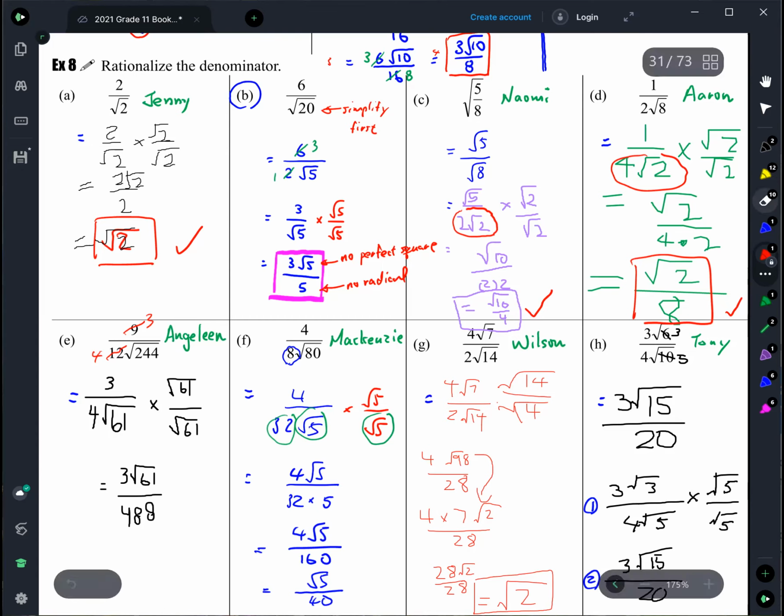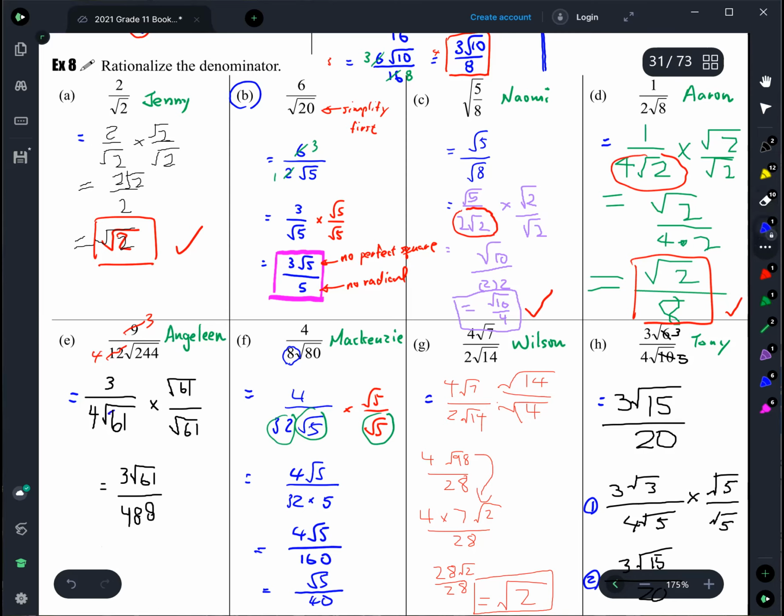Okay, so let me see. I think I wrote it wrong. That's supposed to be 8 root 61. Okay, so let's add one more step here. This should be 244, right?